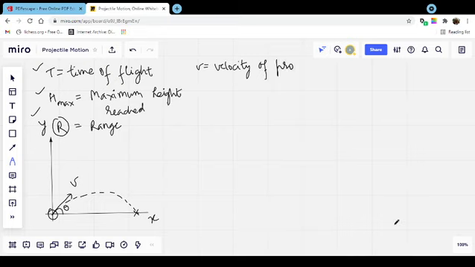Projection means simply throwing the ball. This implies the initial velocity with which the ball starts. Theta is called the angle of projection.